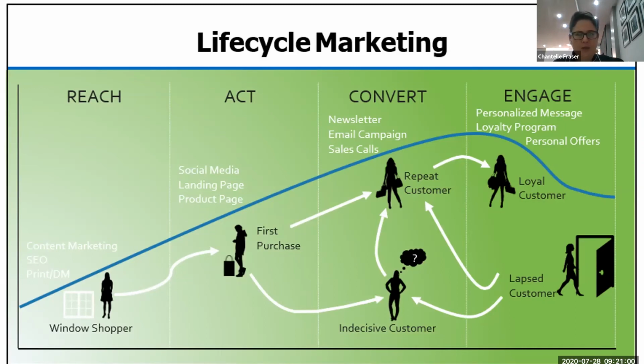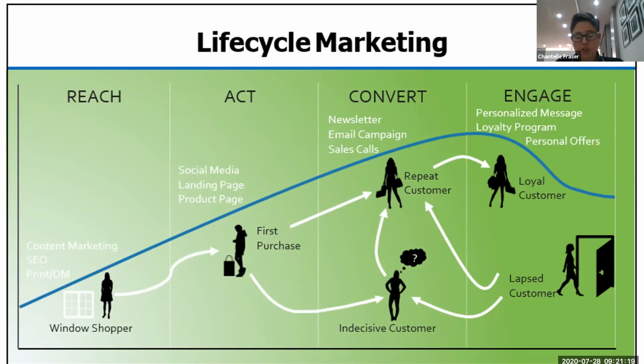Basically, you start putting the customer in a position to decide what content they want to engage with, when they want to engage with you, and how they want to engage with you. This is what lifecycle marketing is about.